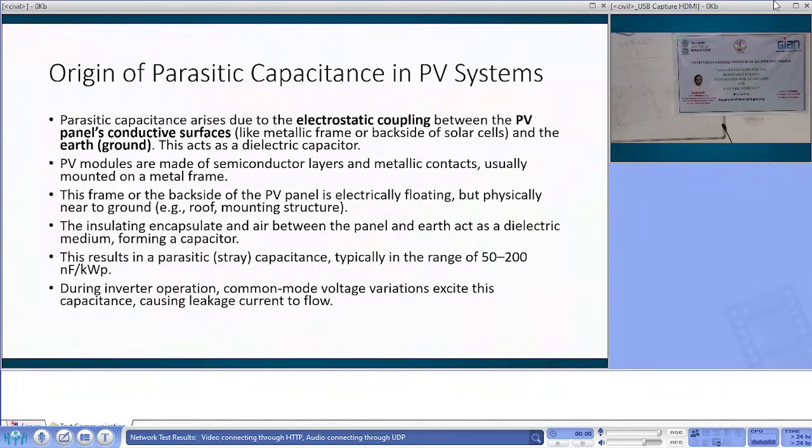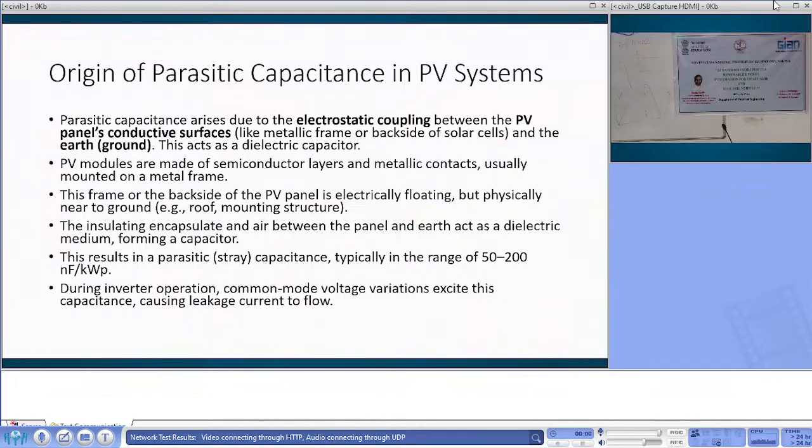So if you have a panel, it forms a capacitance like this. They are all distributed actually. All these capacitances are distributed.